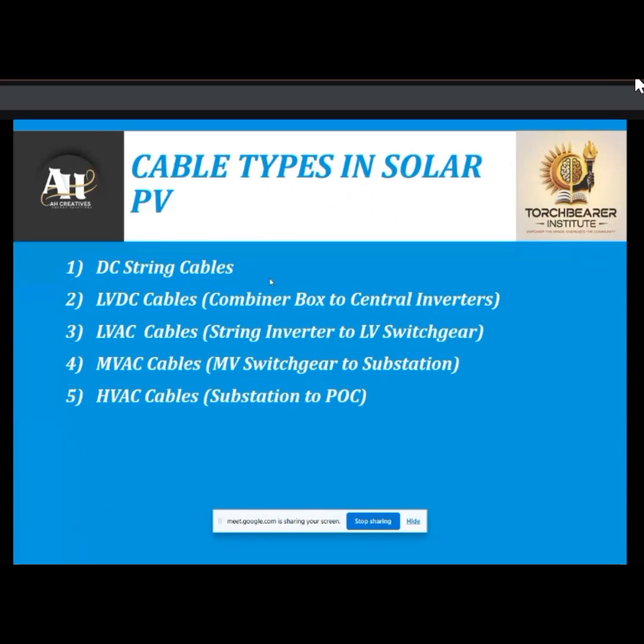POC is the point of connection, where we connect our solar plant to the existing power network of the client. Whether at the small level, for residential or commercial, or at the large level, we have to connect our main solar plant to the POC level. The cable used for that purpose is called the HVAC cable.